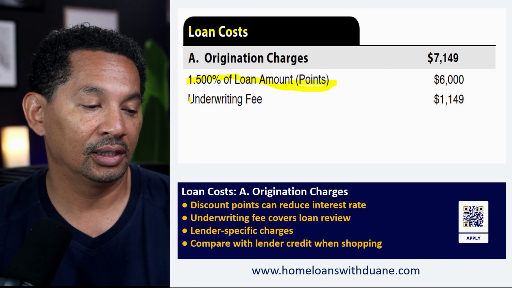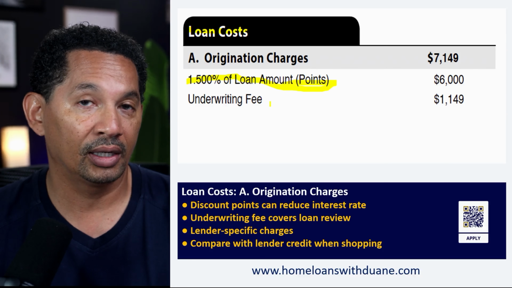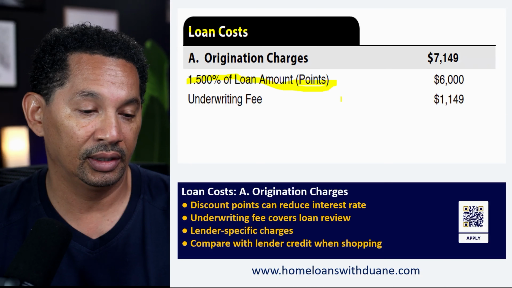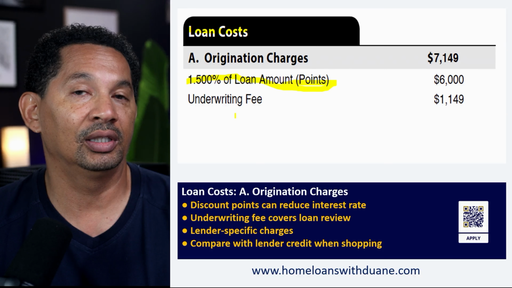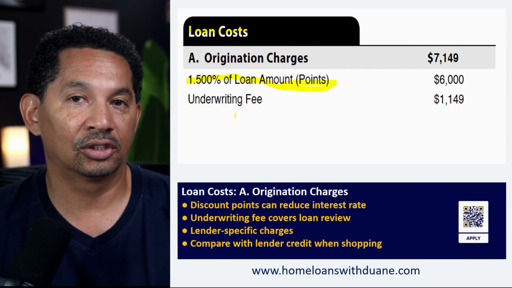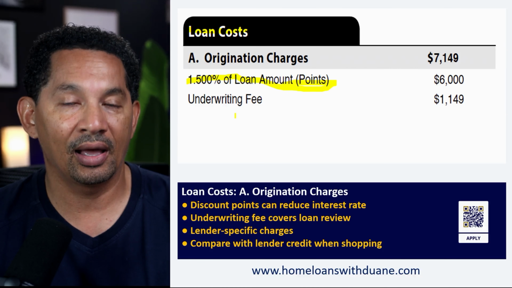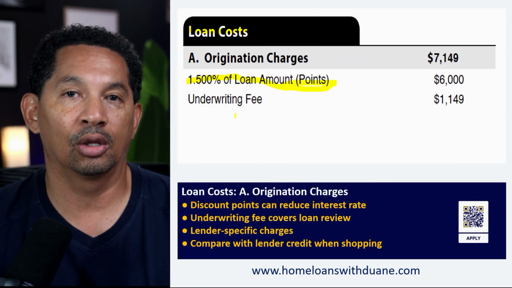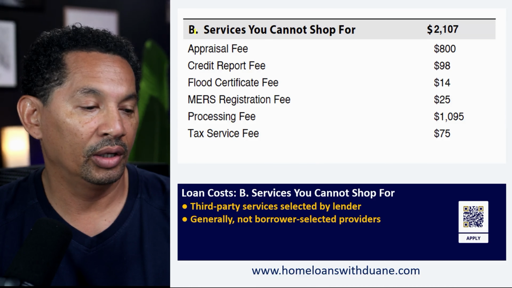Those lending institutions will have an underwriting fee or what's called an administration fee, and you can see that right here. Again, this is not a fee that I, as the loan officer, am charging. This is the lender that I have selected to move forward with the processing and closing of your loan.